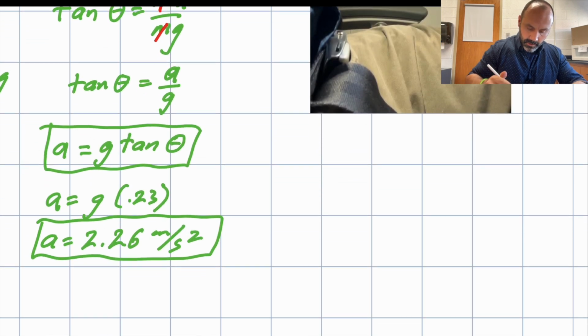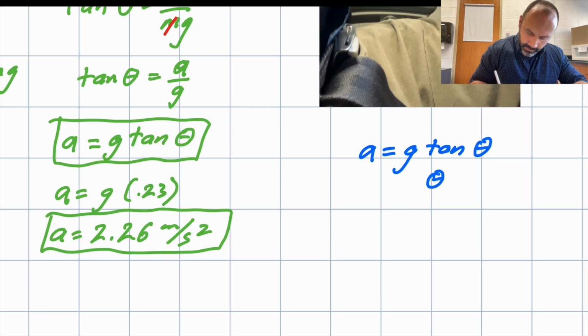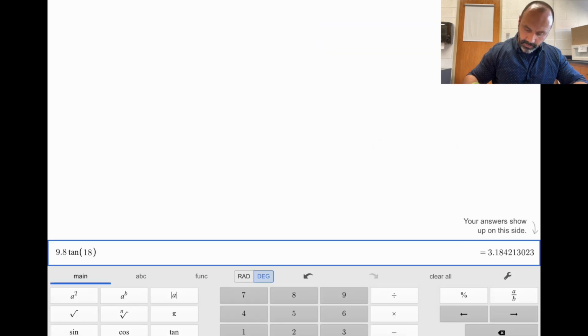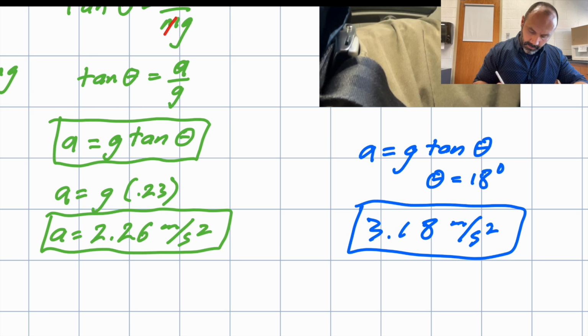Okay, and so the acceleration is g tangent of theta, where theta is 18 degrees. So that comes out to 3.18 meters per second squared. And that's 0.32 g's.